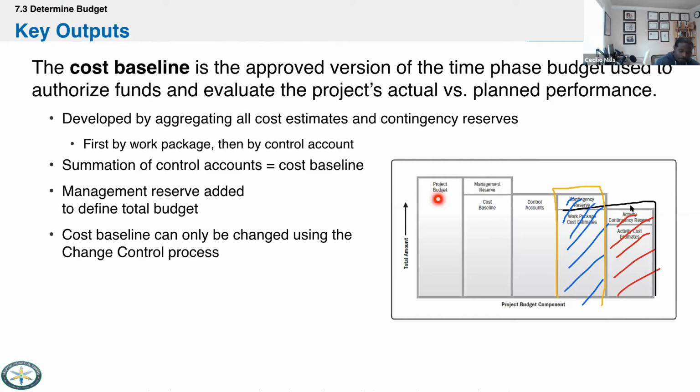So we don't own the project budget for this exam. Just remember that. Project budget is owned by management because they know how much they'll allocate. Cost baseline is owned by the PM. Cost baseline contains contingency reserves, C&C. Project budget contains management reserves.